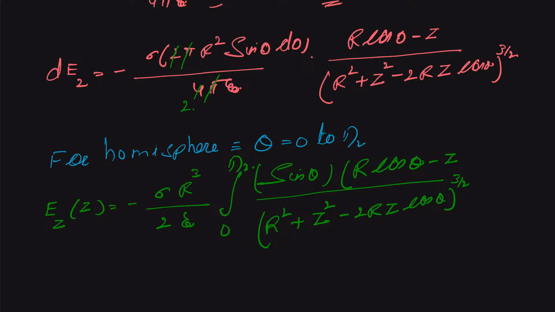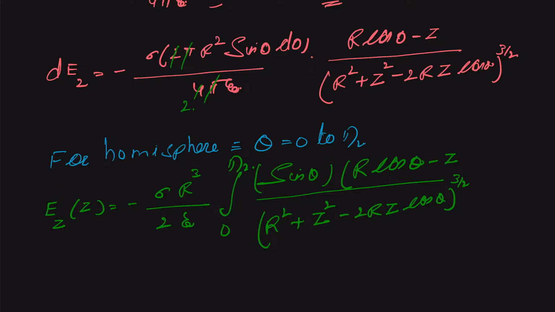Now this is not simple, but it will take a little bit of effort, and for that we are going to assume that our denominator is equal to u. And that is going to help us to sort it out.